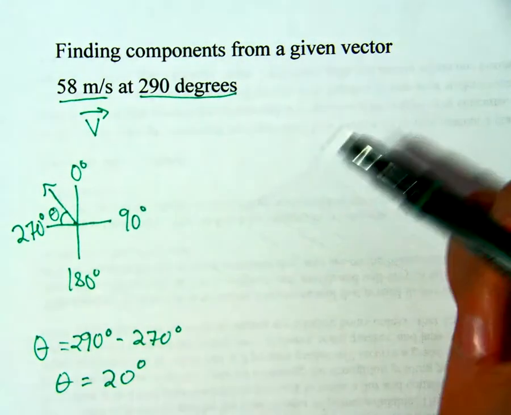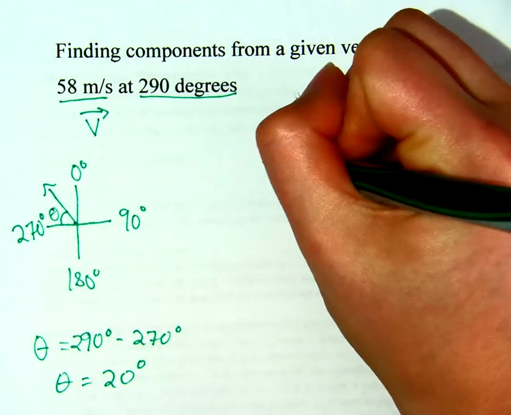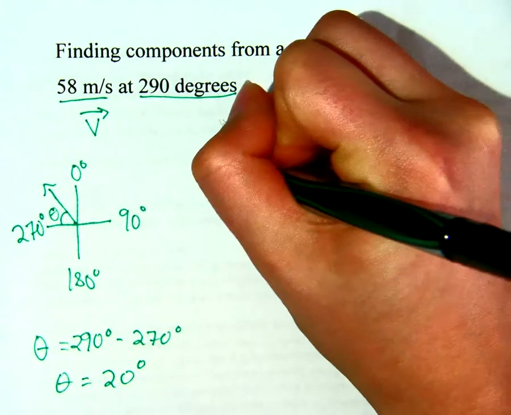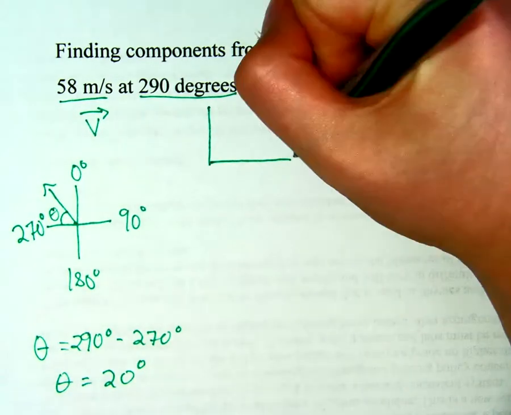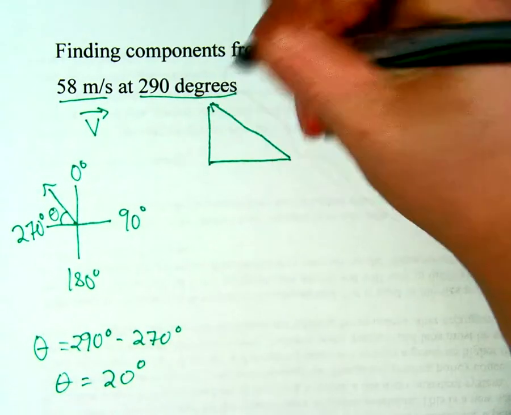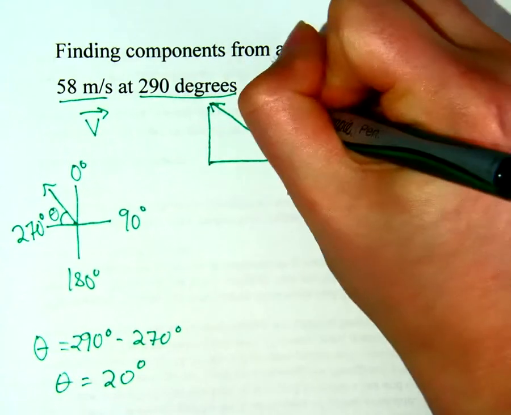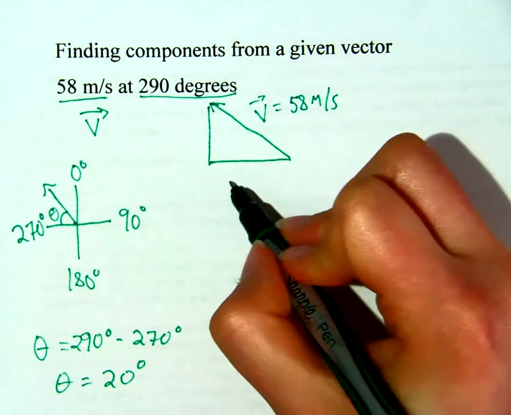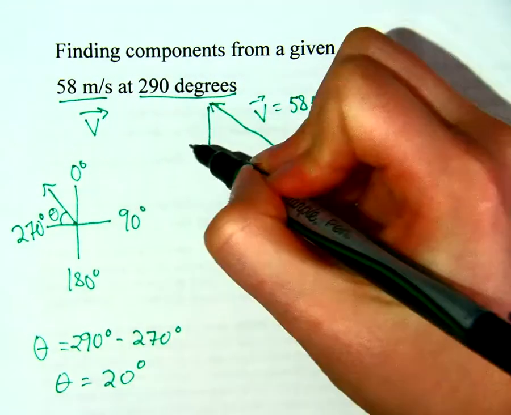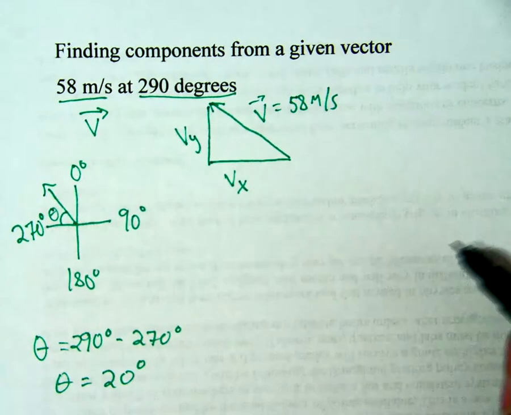Now from this step, I love to draw a triangle because it helps me visualize what's going on in the situation. So we know we have an x component, a y component, and our vector. Our vector v is 58 meters per second, and we're going to have a vx and a vy.